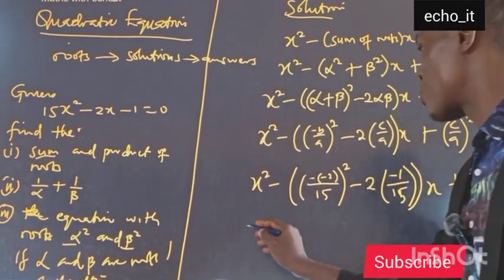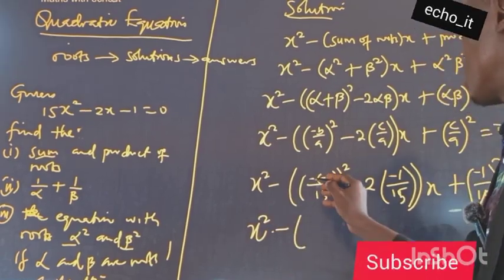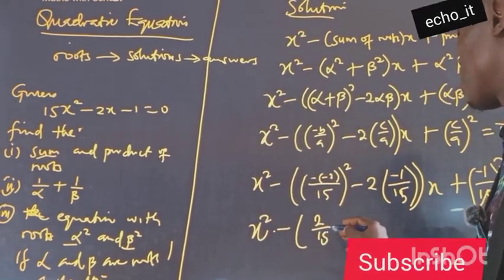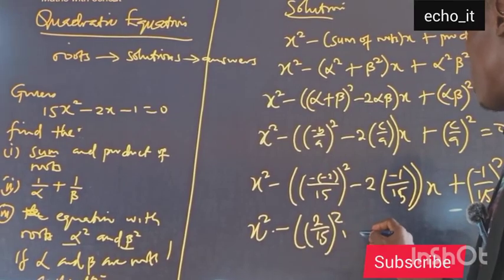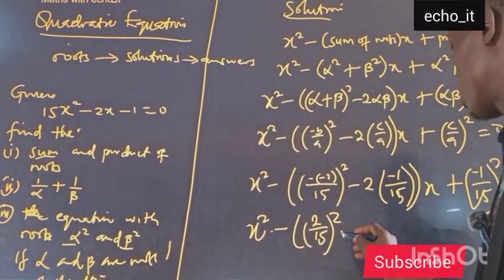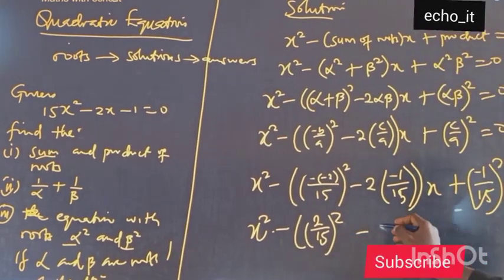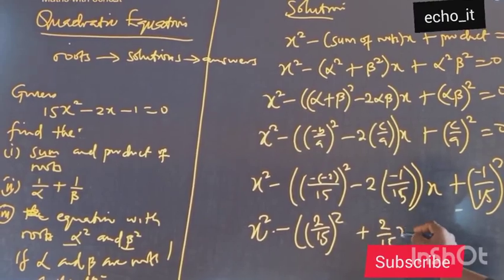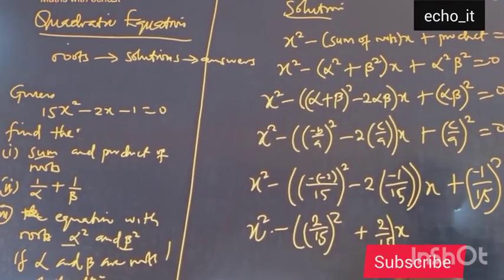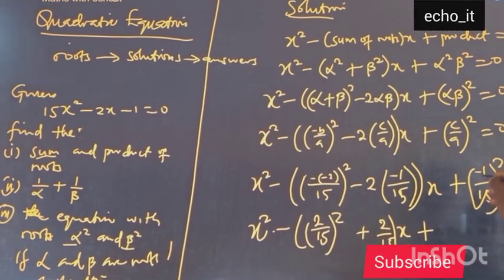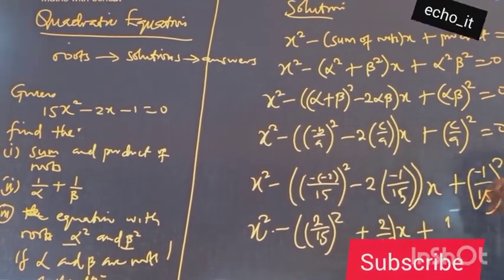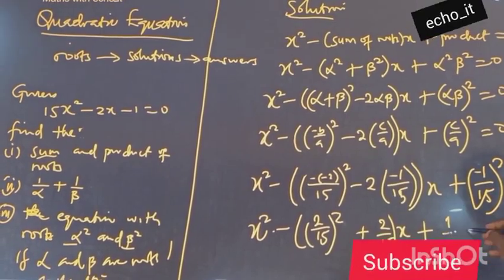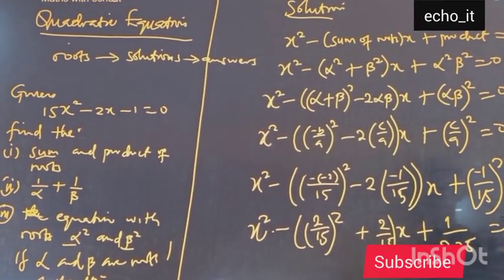So if you simplify this, you have x squared minus 2 over 15 squared minus, times minus gives us plus 2 over 15 x. Sorry, the x is outside. Then plus minus 1 squared is 1, so 1 over 225, equal to 0.